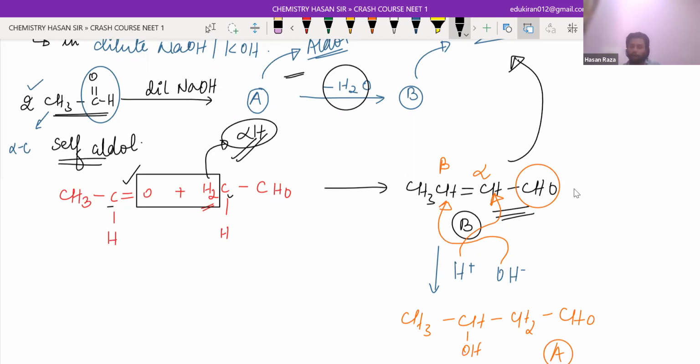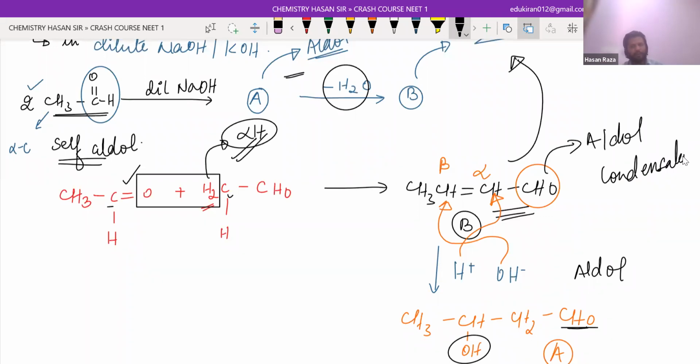So what will be the aldol? You can see why its name is aldol: there is aldehyde, so ald, and there is alcohol, so aldol. This is also aldol, and since we did condensation, that's why its name is aldol condensation. Is that clear?